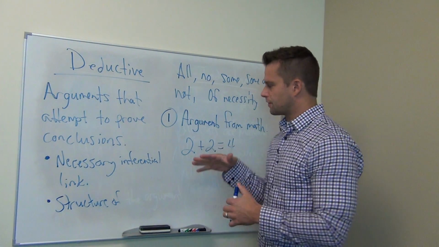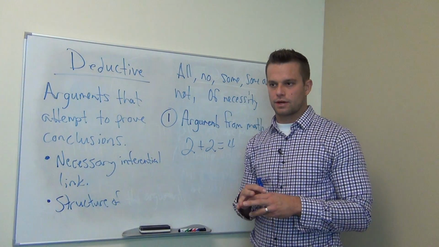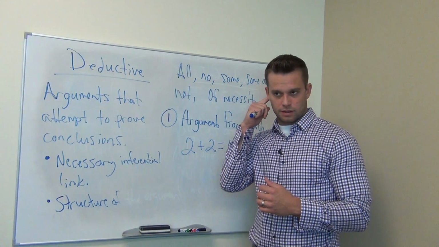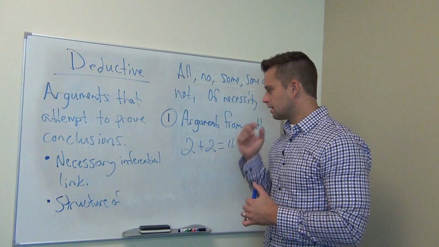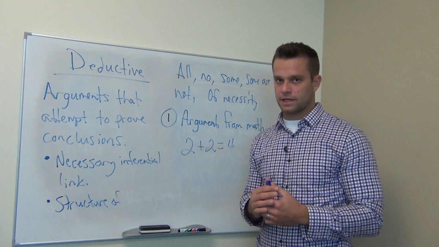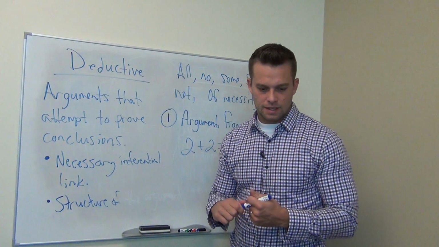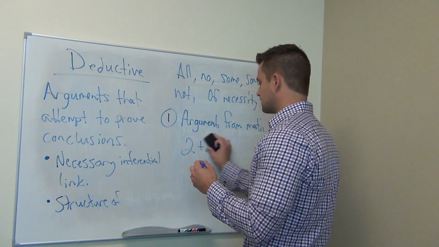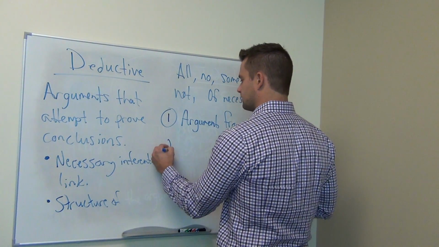So arguments from math are often deductive arguments, although there are probably some arguments in math that are not, like in more theoretical contexts. But ultimately, most mathematicians would hope that they could prove their proofs by deduction.